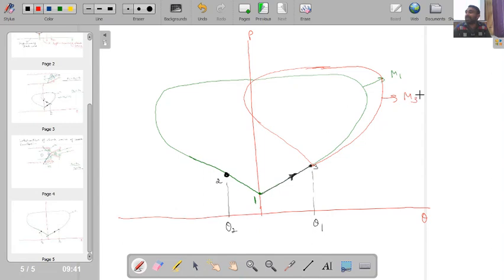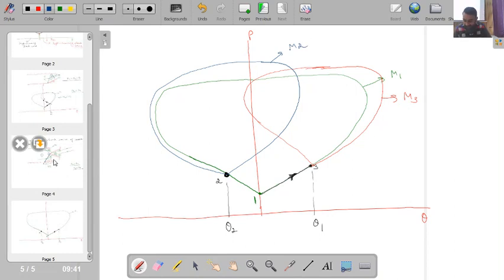M3 not circle, M3 pressure deflection diagram, M3 P theta diagram. Okay, so one more P theta diagram I will construct at point 2, and this will be slightly larger than the M3. So this is for M2.